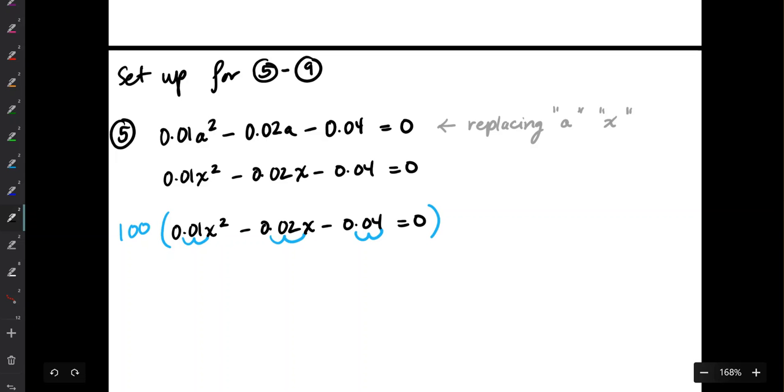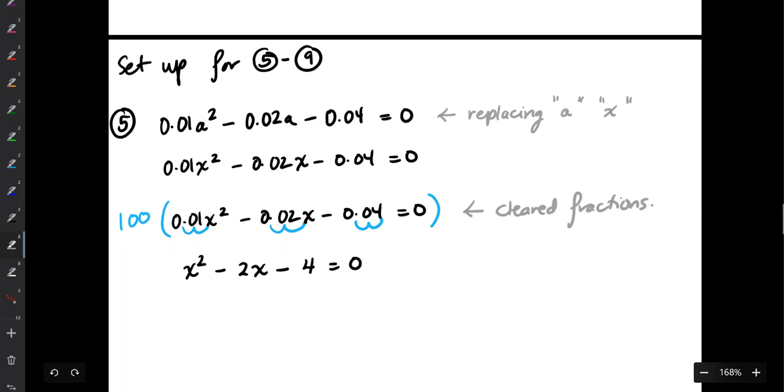Okay, so if I multiply both sides by 100, you see that I now have 100ths times 100, which is just 1 x squared, minus 200ths times 100, which is 2x, minus 400ths times 100, which is just 4, which equals 0. And you could go ahead and try to factor or use the quadratic equation. So what we've done here is we have cleared the fractions.